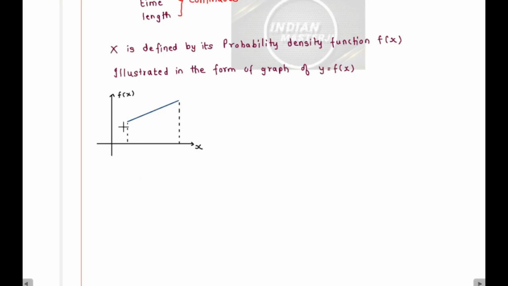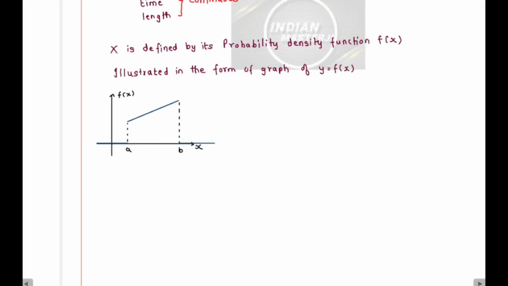This probability density function is defined only for certain values a to b. For the rest of the values it is not defined, so how do we represent that? We represent it by a line on the x-axis, which means that these values are 0.